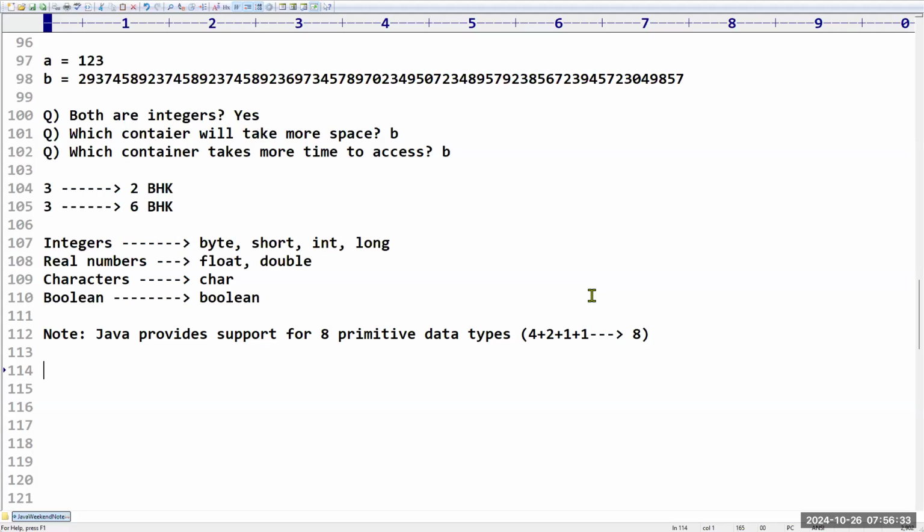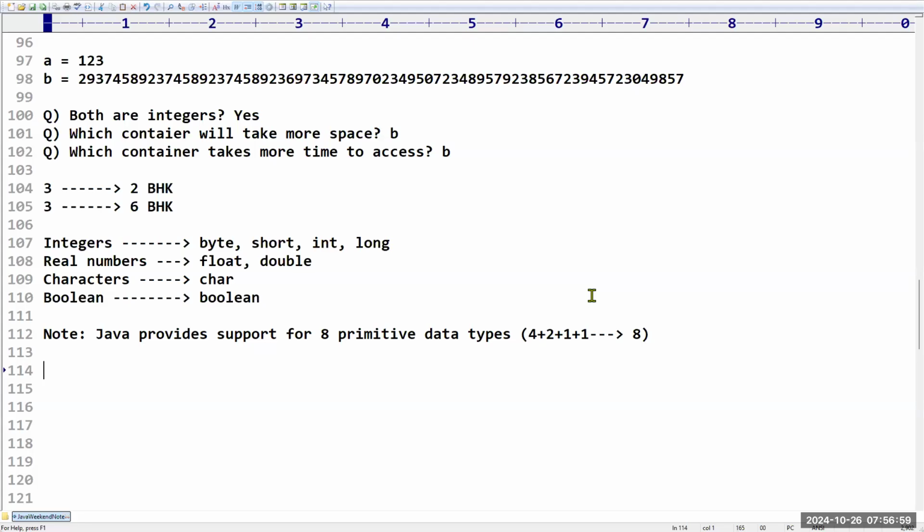Then, in detailed division, there are 8 data types: byte, short, int, long, float, double, char, and Boolean. Up to this, do you have any questions to ask? Everyone, please respond. No, sir.